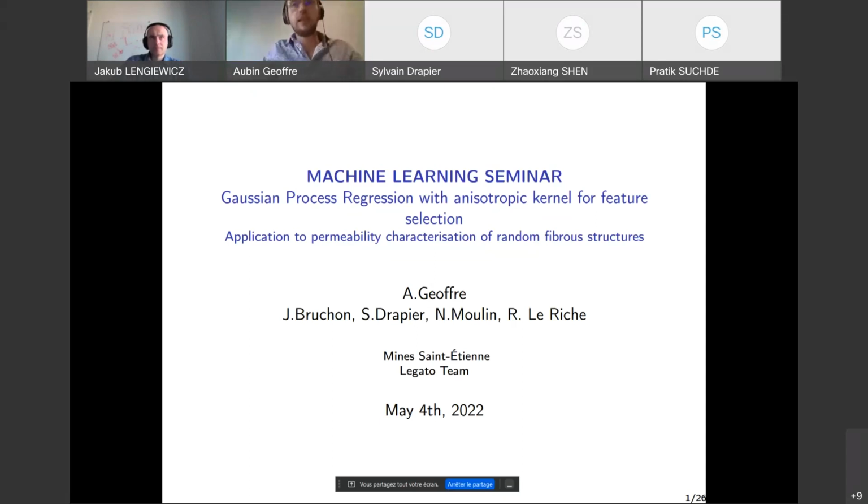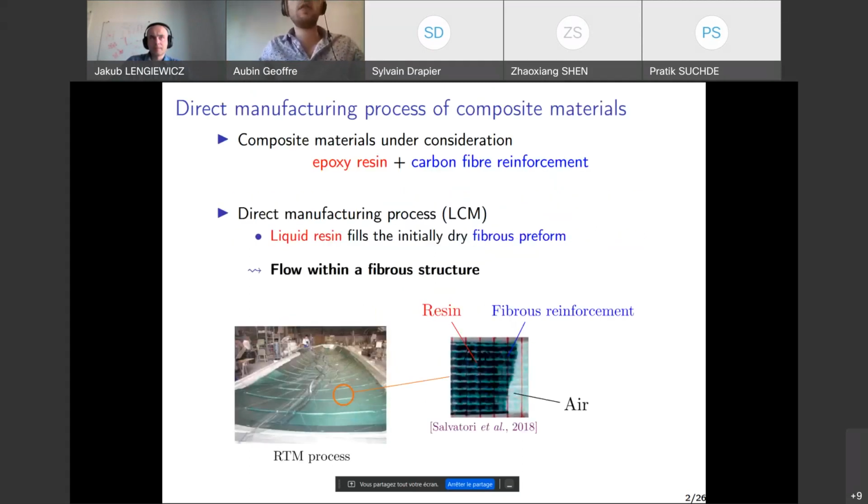Our team is trying to model direct manufacturing processes for composite materials. The composite material under consideration is a combination of an epoxy resin, that is the matrix, and a carbon fiber reinforcement. You can encounter such parts in aeronautics, in automotive industry, and so on.